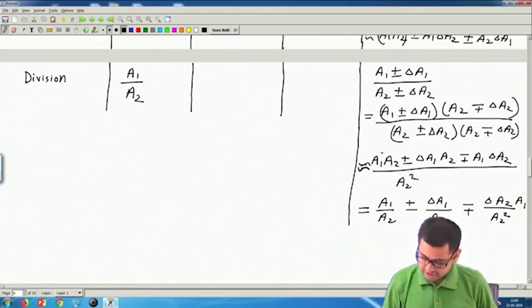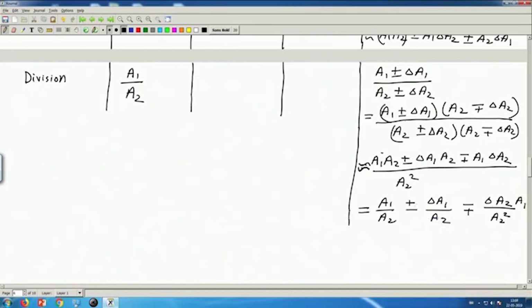So this is the estimated quantity and this is the error. Now when delta A1 is positive, it's possible that delta A2 is negative or positive. So all combinations of positive and negative between delta A1 and delta A2 are possible.